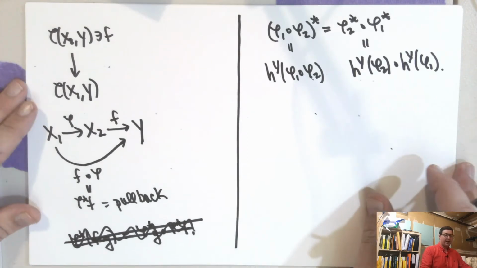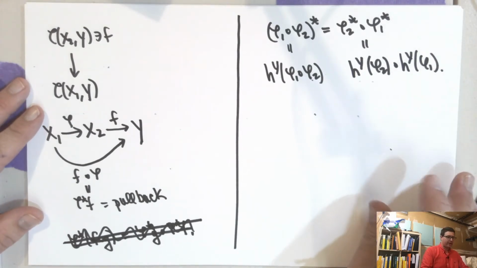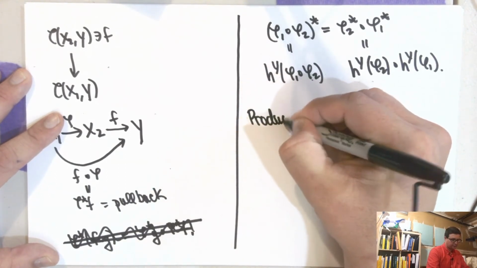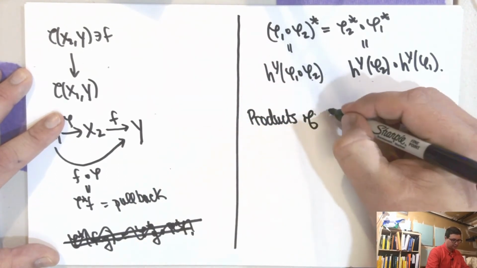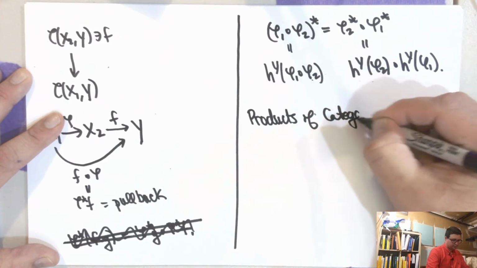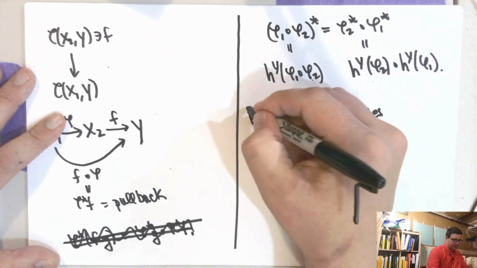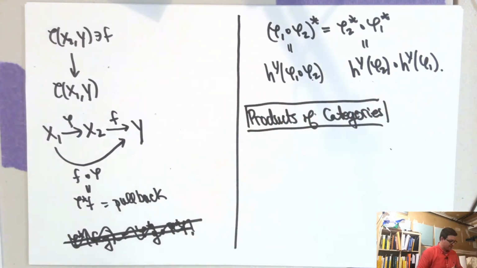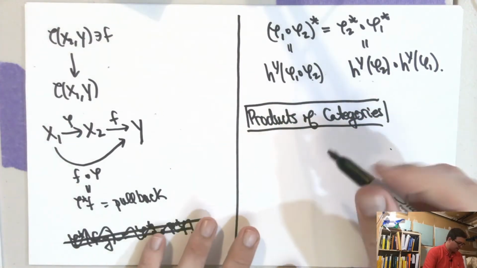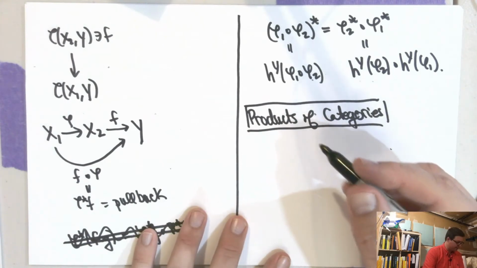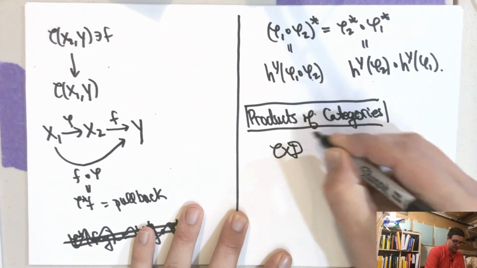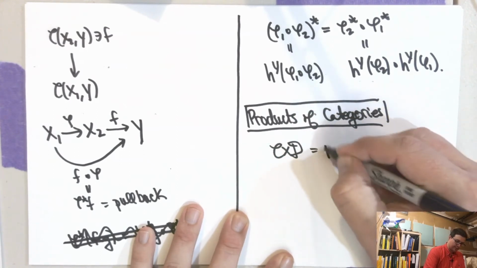Now I need to define products of categories. Given two categories C and D, C cross D is a new category, the product category.